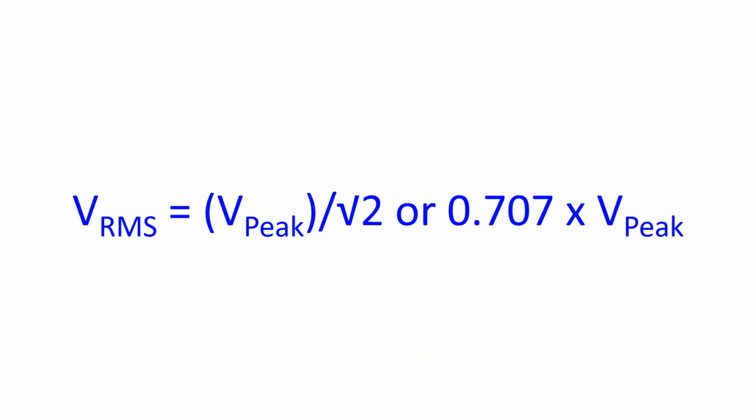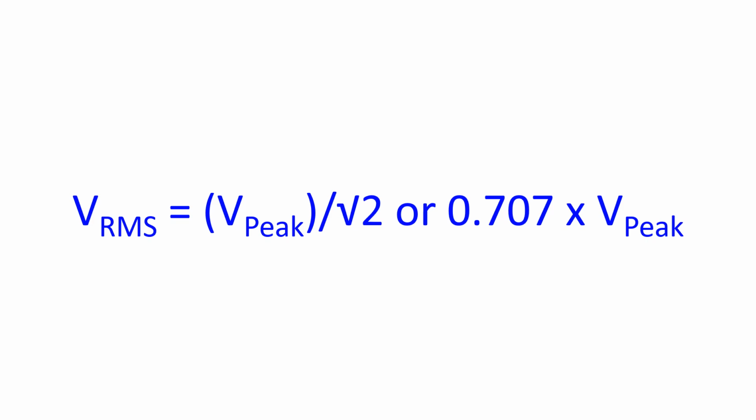The voltage of an alternating current is often mentioned as the RMS or root mean square value rather than peak or average value. RMS value of an alternating current will correspond to the value of an equivalent direct current, which can produce the same average heating effect in a conductor as the given alternating current.